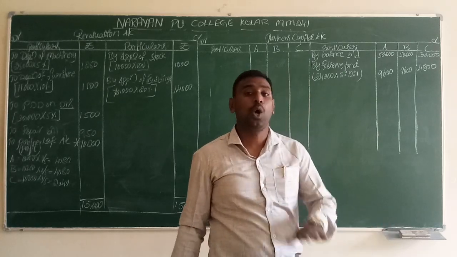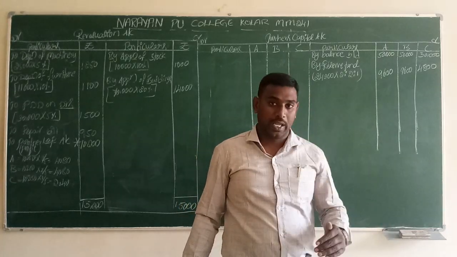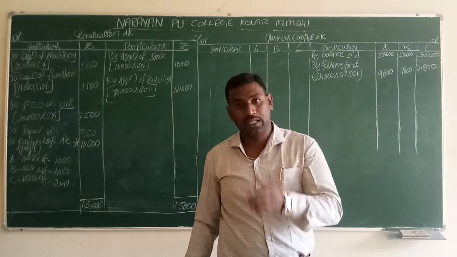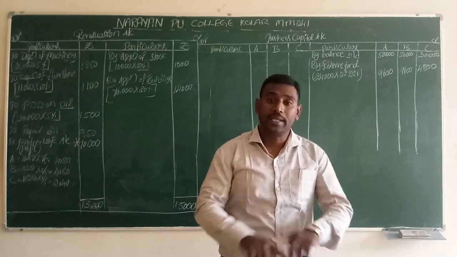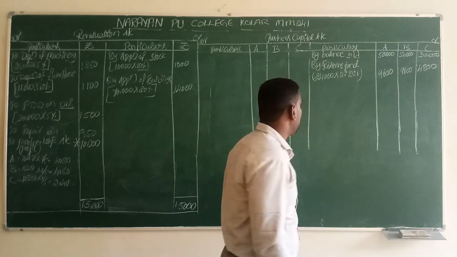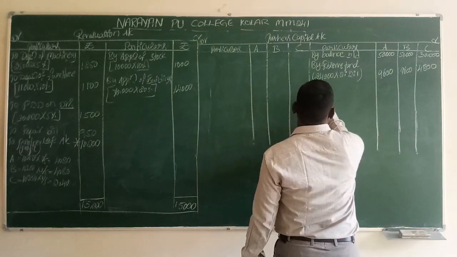That means the value should not be withdrawn; it should be kept in the business only. So we have to make that adjustment, and we give it the name goodwill account.